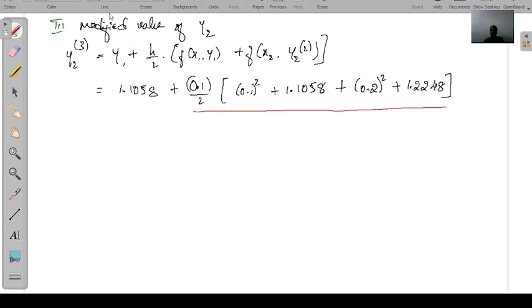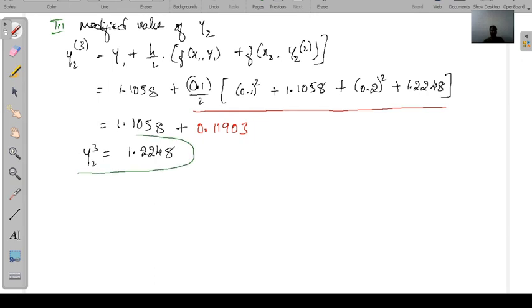The value of this entire thing, plus 1.1058, is 0.11903. Now we are going to sum these two things, and we are getting 1.2248 here. So this is our third modified value of y2.